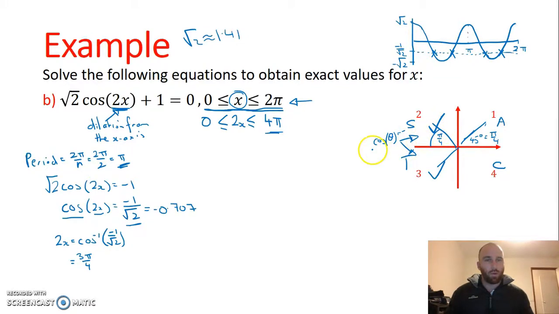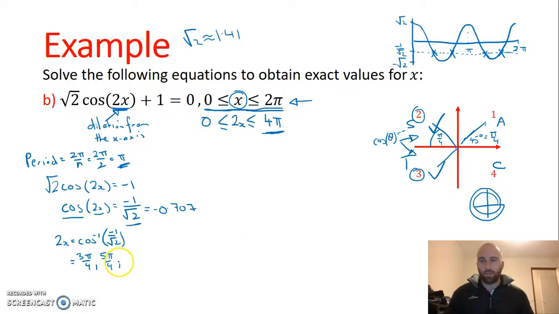So we're going pi minus that pi on 4, and then we go pi plus the pi on 4, which will be 5 pi on 4. So they're going to be our first 2 answers in quadrant 2 and quadrant 3. But now remember that we're using our period of 4 pi. So instead of our unit circle over here, instead of going around once, we're actually going around twice.